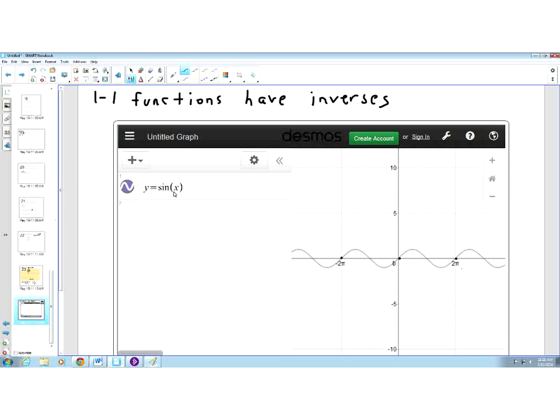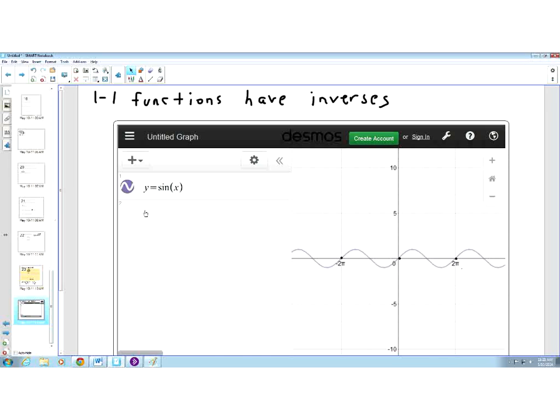Well, it turns out that they did not screw up. The issue is that when we talk about the inverse sine function, we're not talking about taking the inverse of the entire function. We're only talking about taking the inverse of a portion of the sine function, namely the principal part of the sine function.